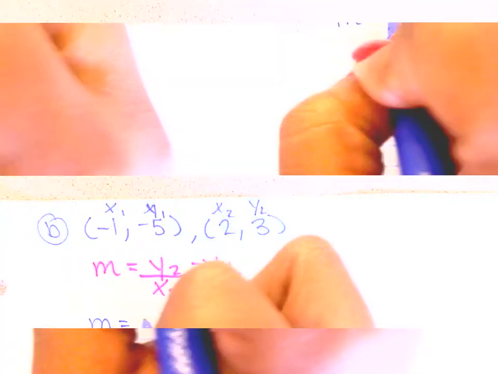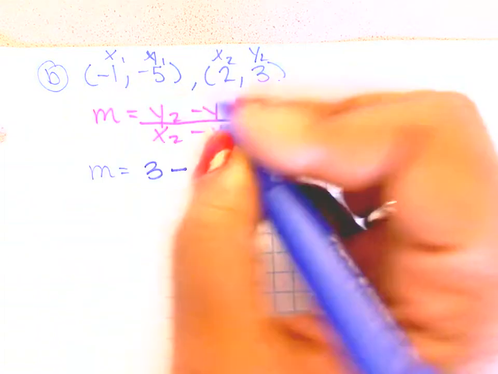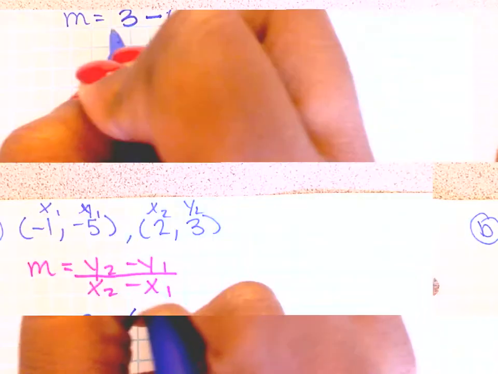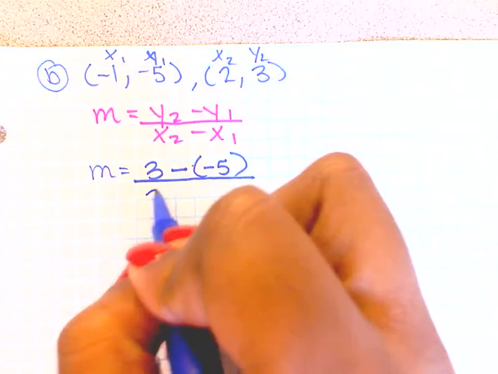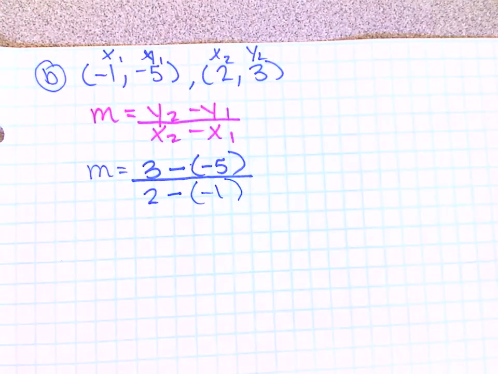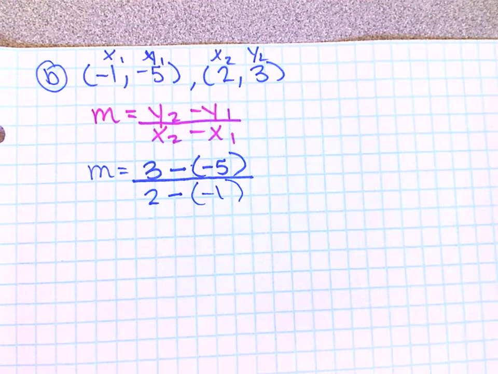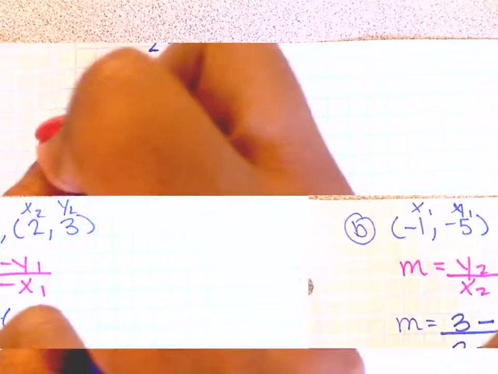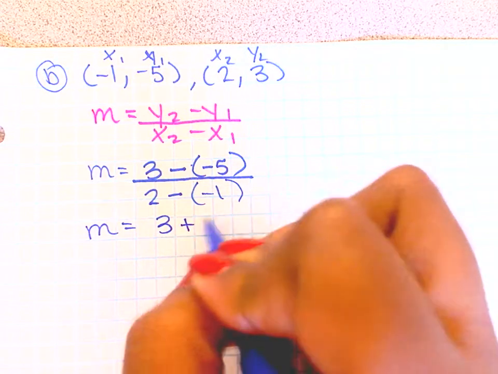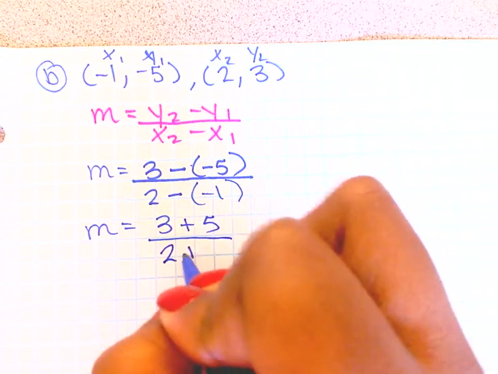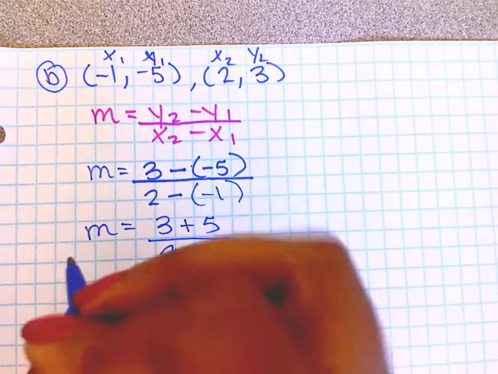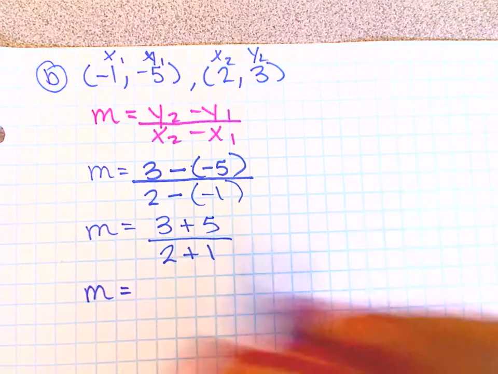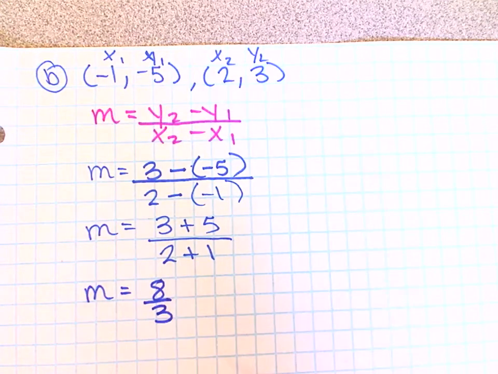So y2 is 3 minus y1 is negative 5, divided by x2 is 2 minus -1. When two negative signs are next to each other, they become positive. So m equals 3 plus 5 over 2 plus 1. So my slope, which is represented as m, equals 8 over 3.